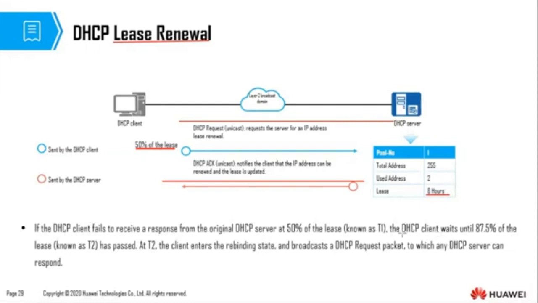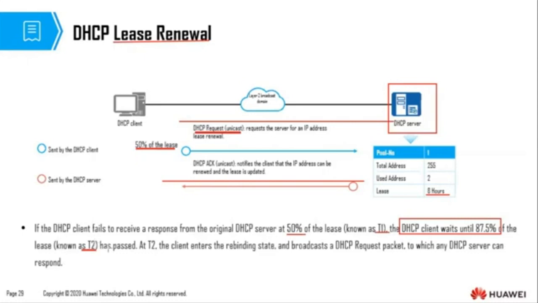Now, in case you send this request, but the server here is down. So the client waits until 87.5% of the lease, that time is known as T2. Sorry, 50% of the lease is known as T1. 87.5% of the lease is known as T2.